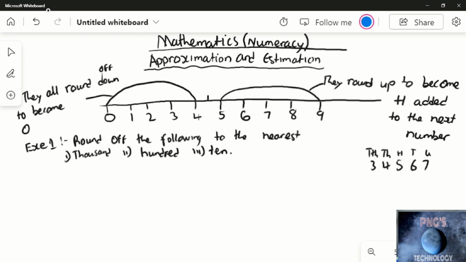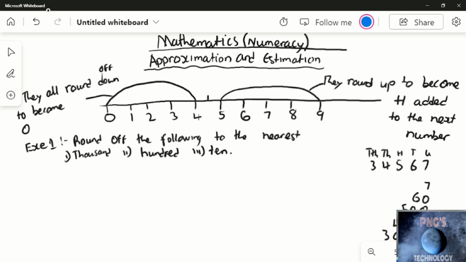So 7 is 7. In tens, this one becomes 0. Tens, this is 60. 5 in 100, so this is 500. 4 in 1000, so this is 4000. 3 in 10,000, so this is 30,000.